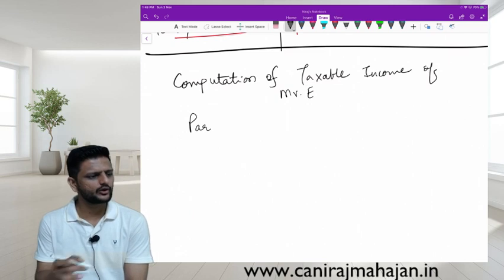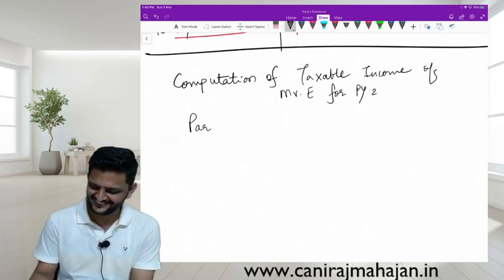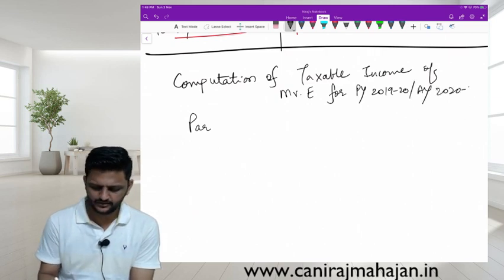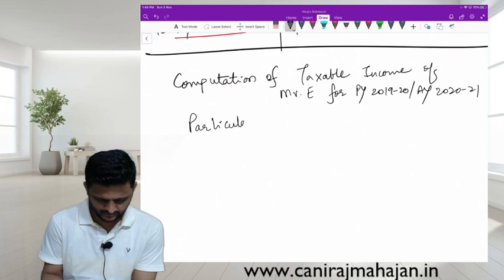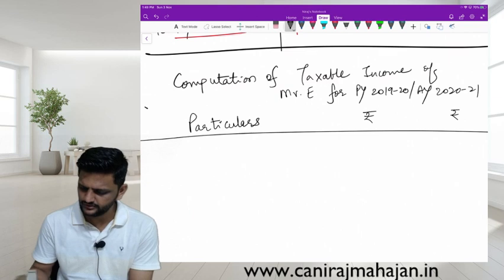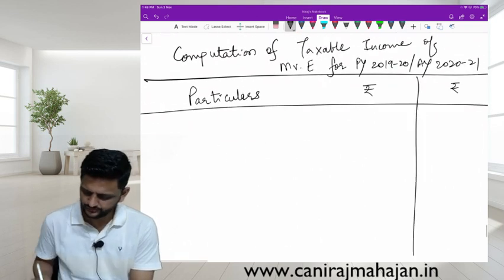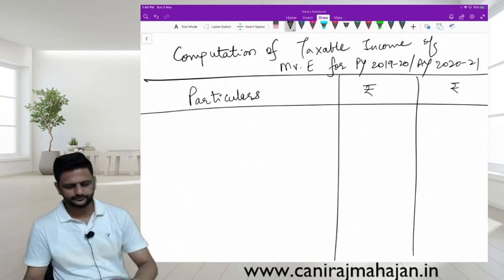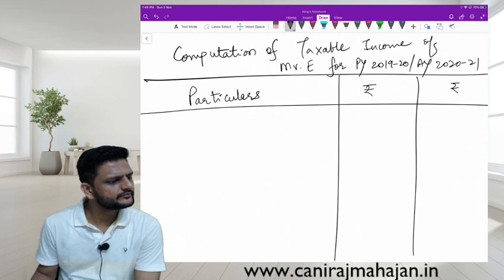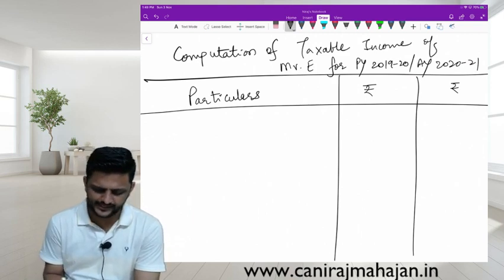If you want to write for the year and all of that, you can write PY. Particulars, rupees. First one is what? Income from salaries.